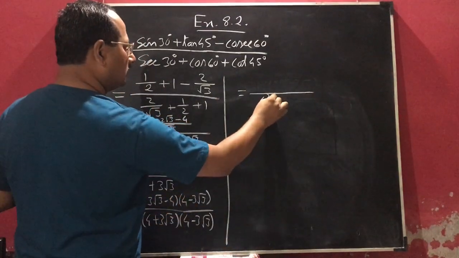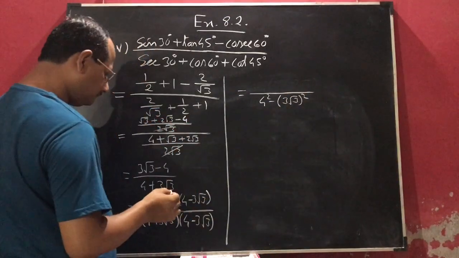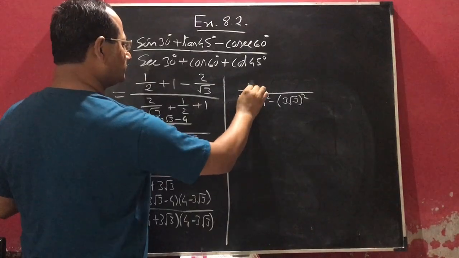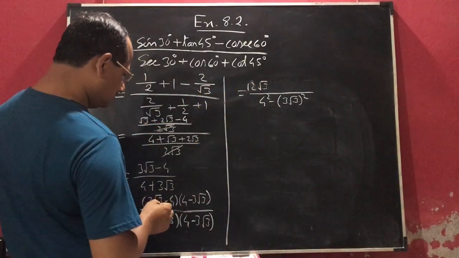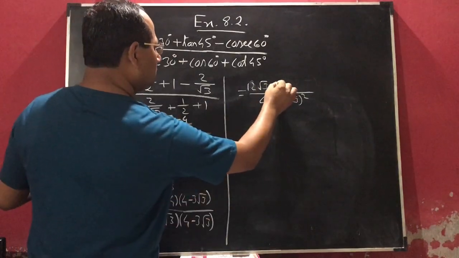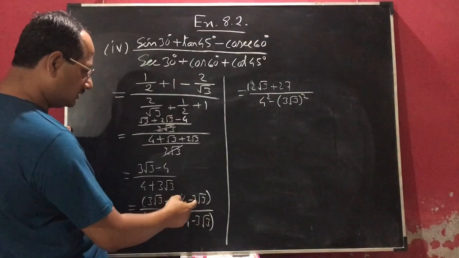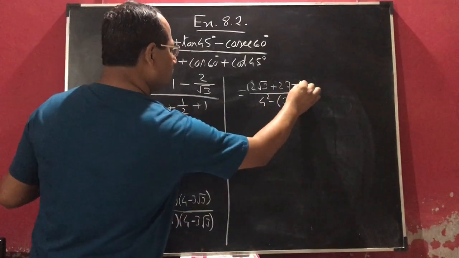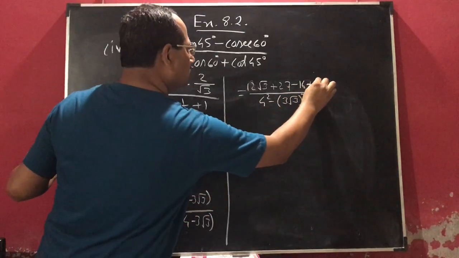That is 4 square minus 3 root 3 whole square, 12 root 3, then 9, 27, root 3 into root 3, 3 is 9, 9 into 3, and minus 16 plus 12 root 3.